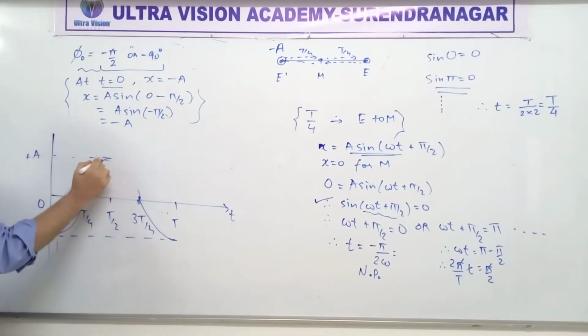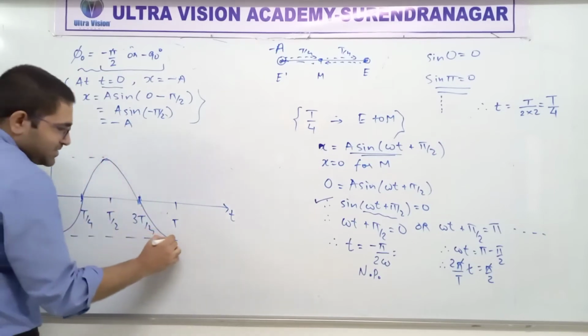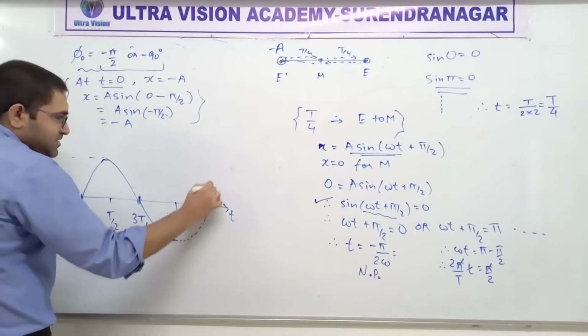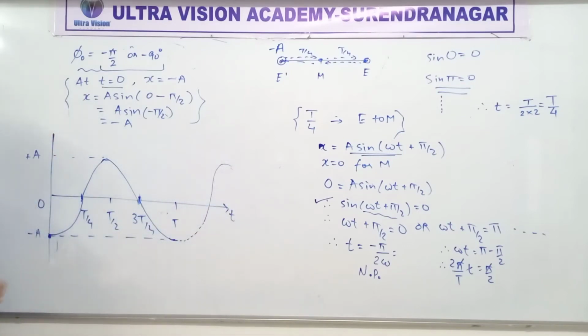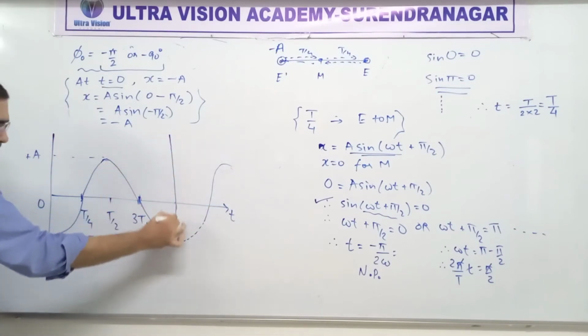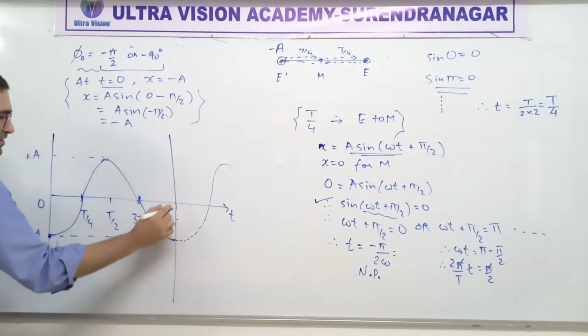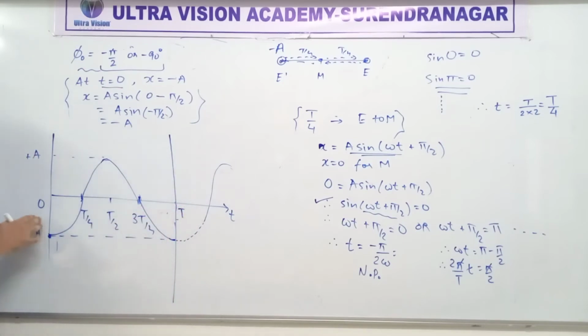I've drawn it very poorly in my opinion, but if you look at it carefully, this is still the same graph going like this. Okay, so this is one oscillation, right, in a time period T from 0 to T. Okay, hopefully now you will be able to draw the graphs.